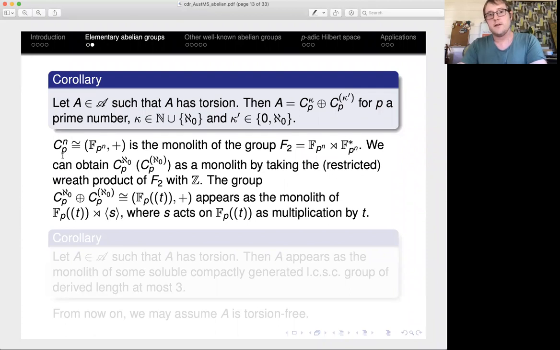You can, for instance, think of this group C_p^n as being the additive group of a field, and then you stick on the multiplicative group as its automorphism group. You can do something similar with the other ones. I'll just point out this is maybe the most interesting one. If you have Aleph naught direct product and Aleph naught direct sum, that's actually the same as the additive group of the field F_p((t)).